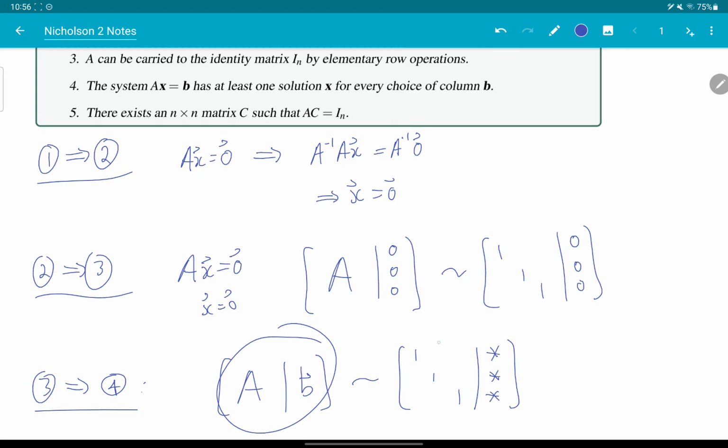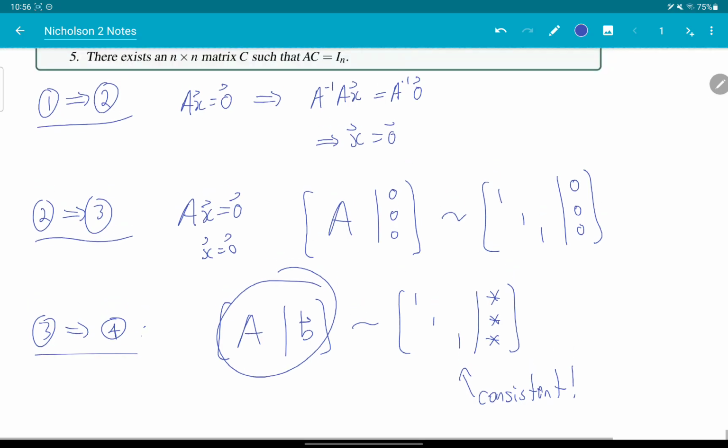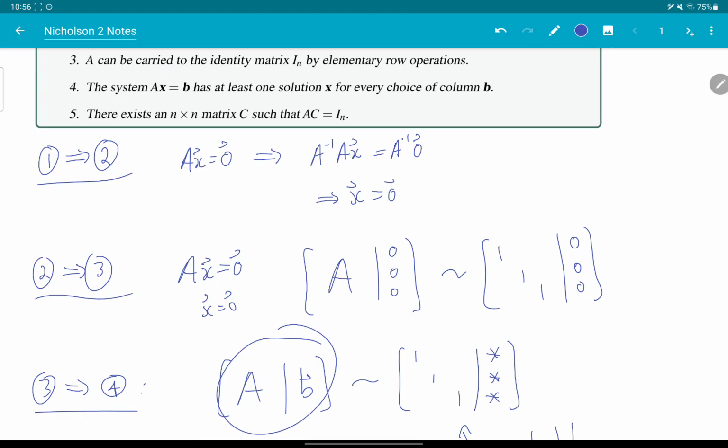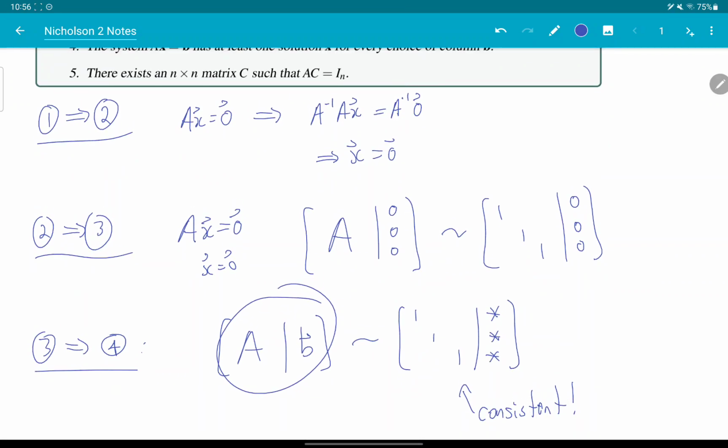So that tells me that this augmented matrix must go to this augmented matrix, and I can see here that I have a pivot for every row. So this is consistent, meaning exactly 4: this system has at least one solution. That's what consistent means. So from the assumption that A can be reduced to the identity, I get that Ax equals B must have at least one solution, and I can see it here.